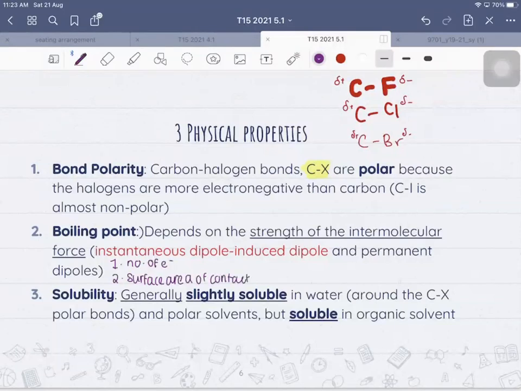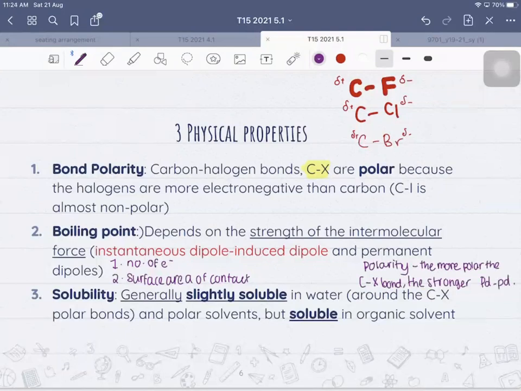Okay, that's for ID. If you want to talk about permanent dipole, it all depends on the polarity. So the more polar the C-X bond, the stronger the PD.